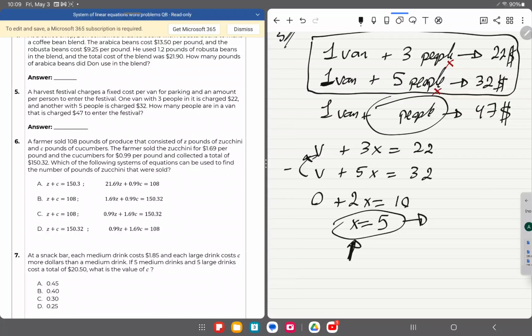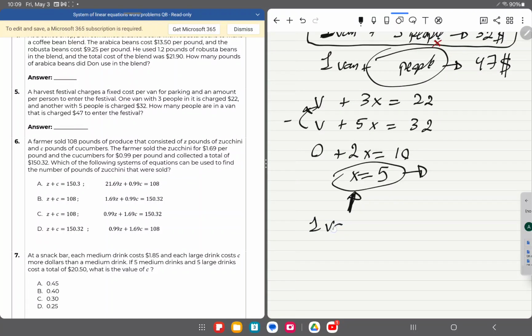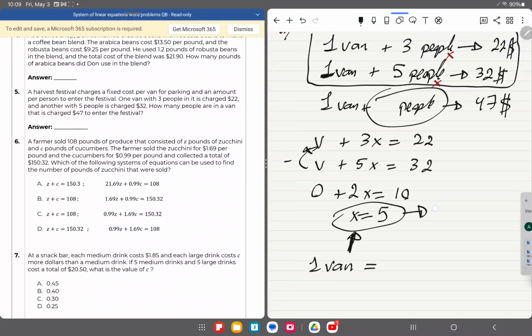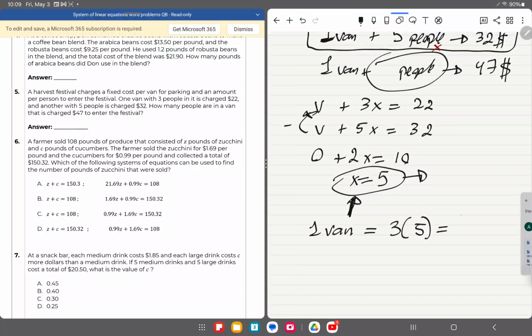Now, since I've got my x over here, I need to figure out the cost of the van. So one van is equal to 3 people. Let's take 3 times 5 plus, let me show you.